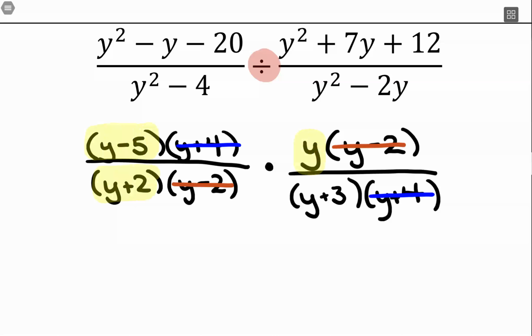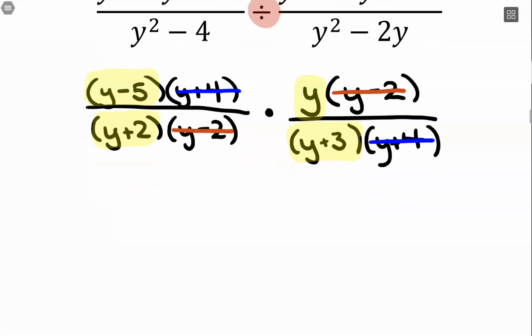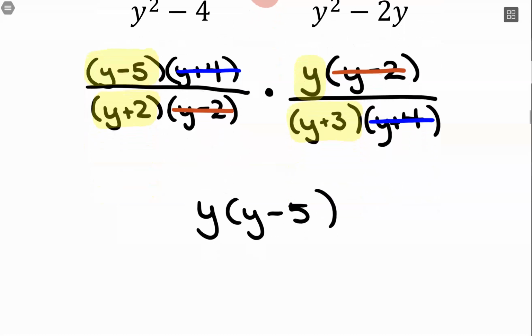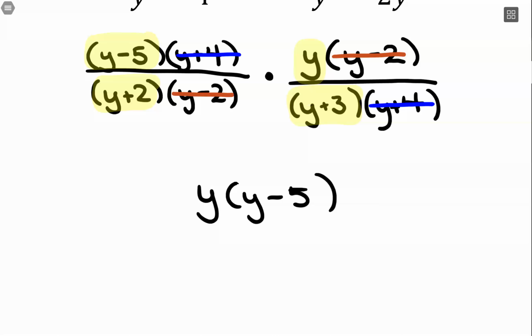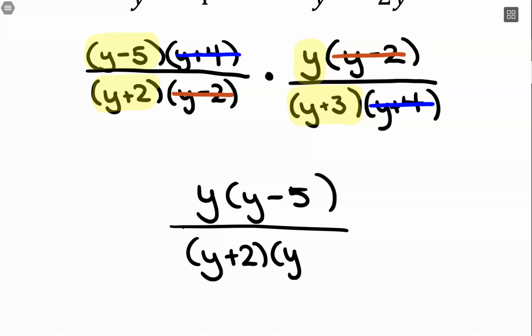Y plus 2 in the denominator, along with y plus 3. So in the numerator, y times y minus 5 over y plus 2 times y plus 3. And since we're leaving this in factored form, it would stay just like that.